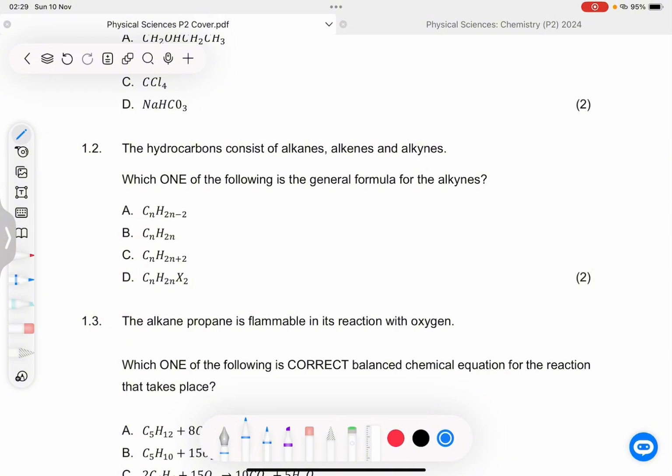If you look at option C here, this is what we call alkanes, because, let's say you have two carbons, n would mean the number of atoms that you have. Let's say we have two carbons, it means also here we'll have two. So 2 times 2 is a 4, you get a total of 6. So that means you have two carbons and you'll have 6 hydrogens.